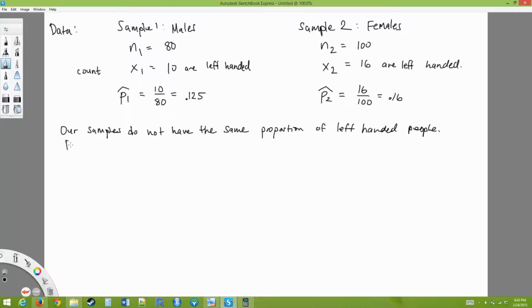We want to know, does this provide evidence that the proportions are different in the populations?